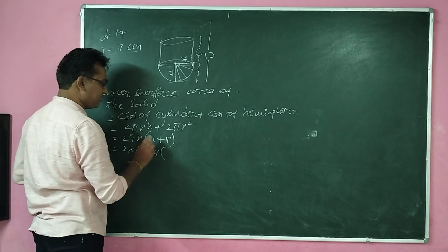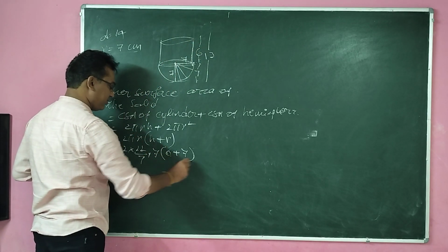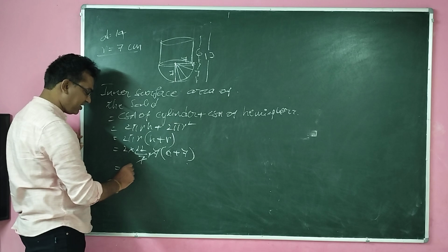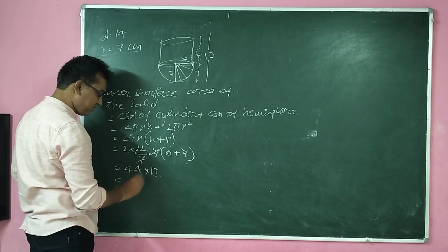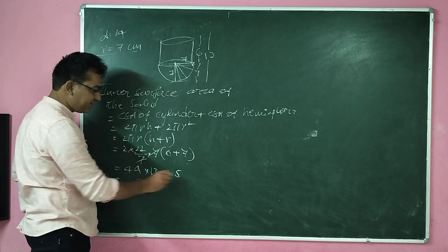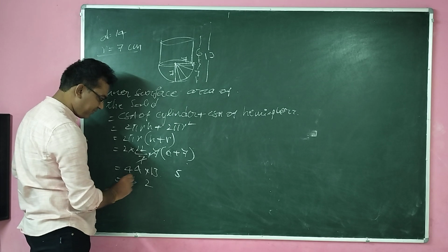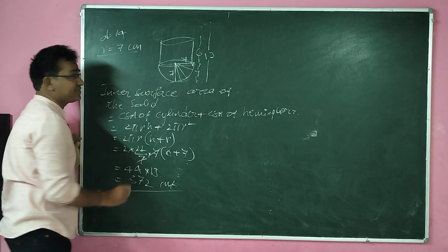Which h is this? 6, not 13. r, very good. 7 and 7 cancelled. 44 into 13. 13 4s are 52, 52. Again 13 4s are 52 plus 5, 572 square centimeter. It is the inner surface area of the given solid.